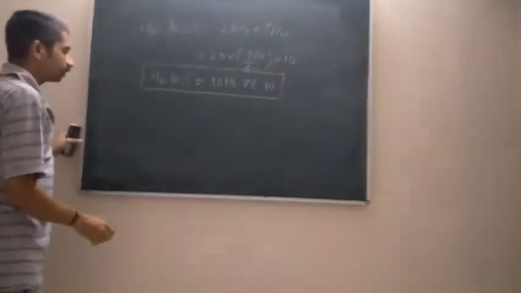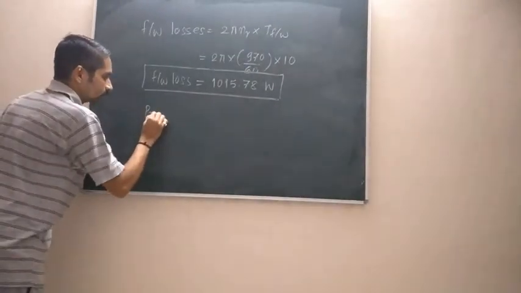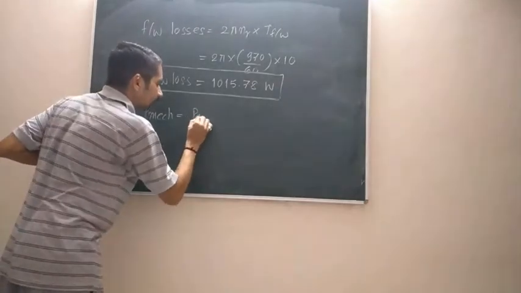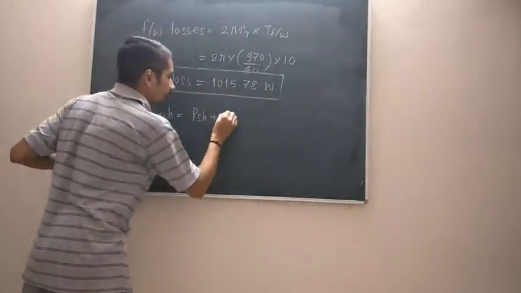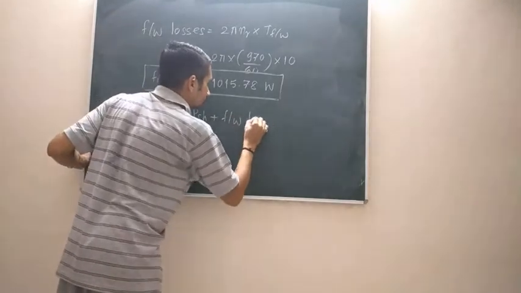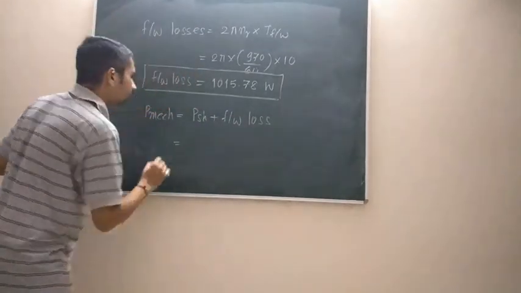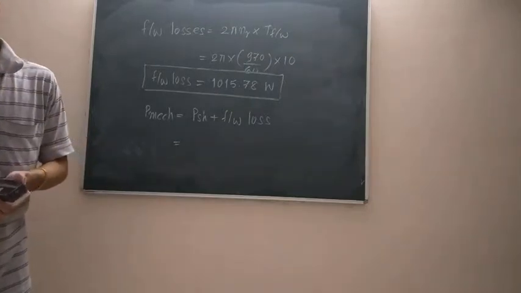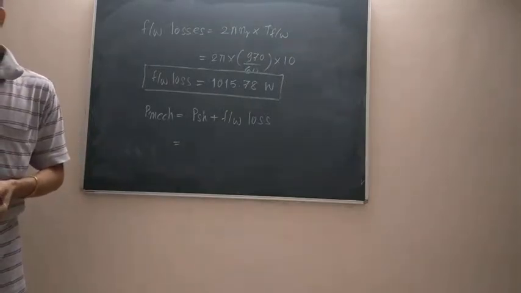Remember, the mechanical power is given by the shaft power plus the friction windage losses. If you add the shaft power to the friction windage losses, you will get the mechanical power.